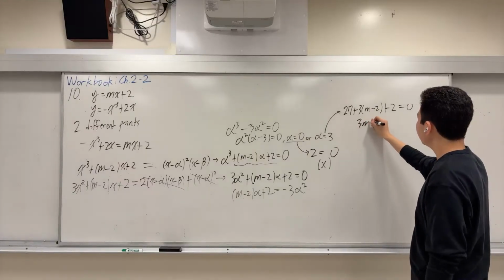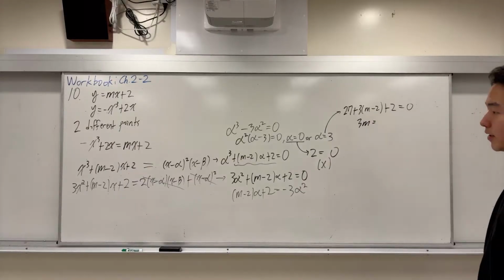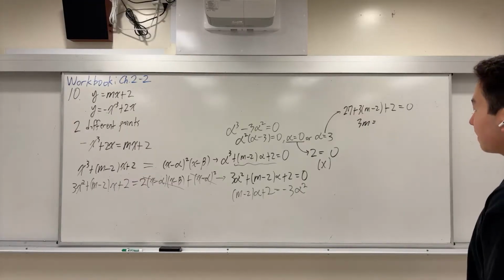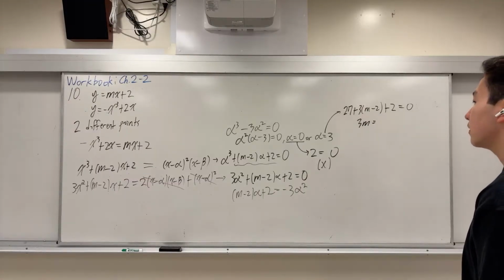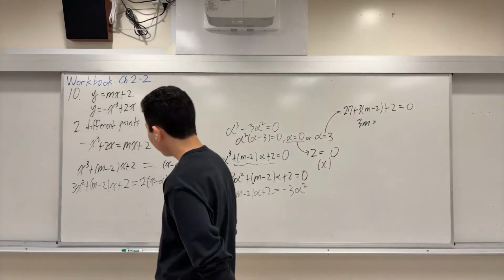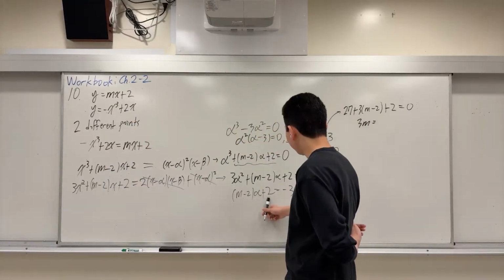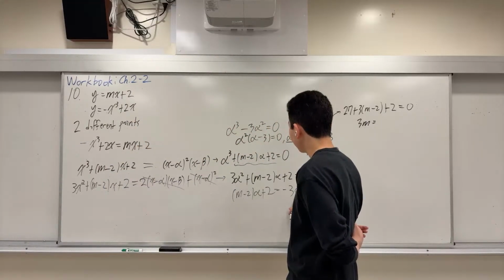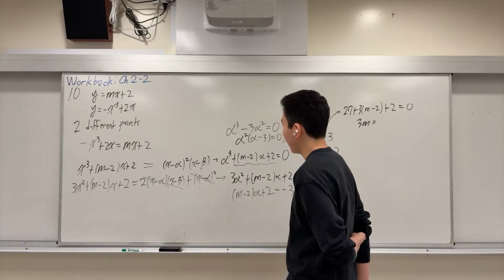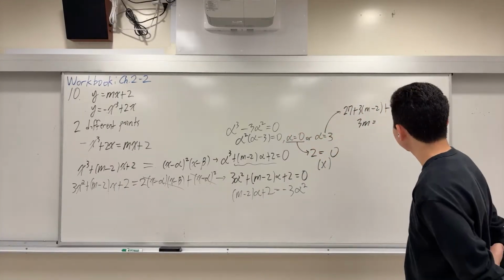Okay, so 3m equals, we got 27 minus 6, right? Plus 2. Is that right?